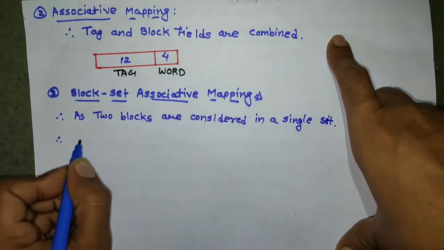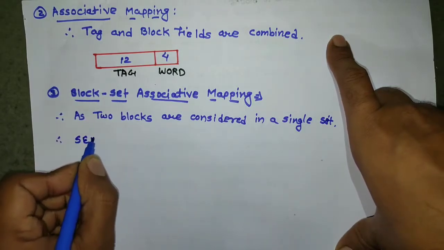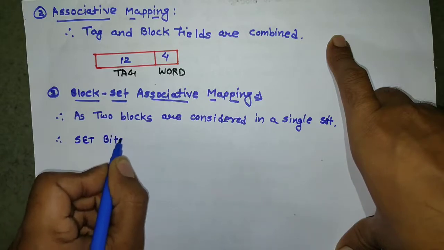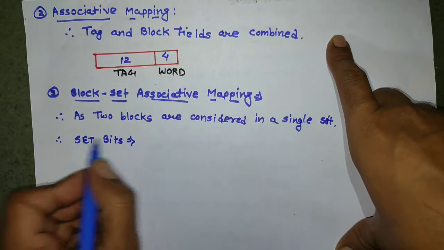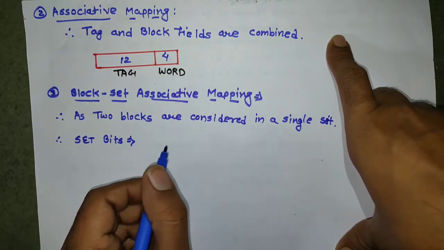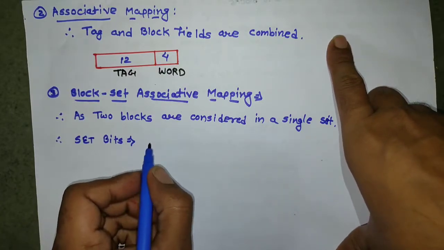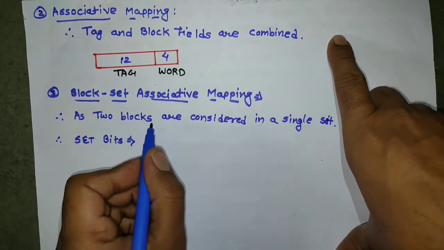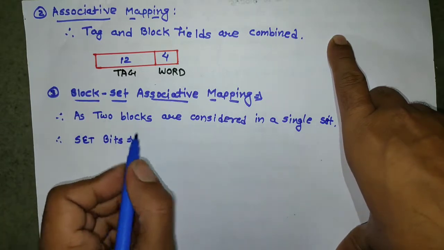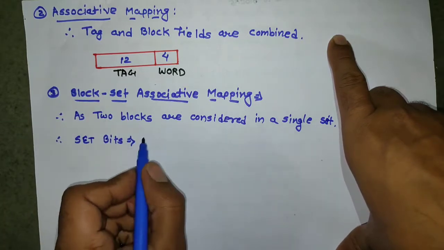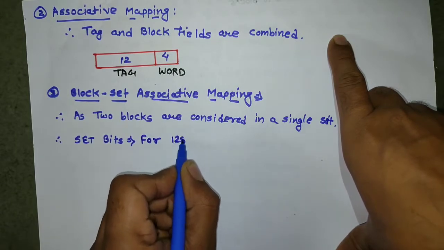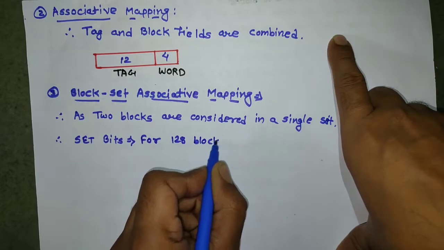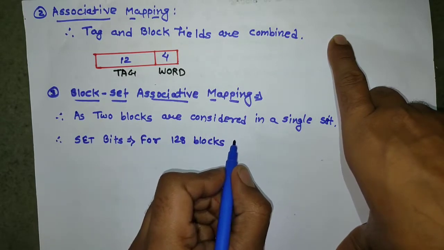Therefore, how will we calculate set bits here? Set bits will be calculated by considering the total number of sets. So how many sets will be formed? 2 blocks are in a single set, and there are 128 blocks in cache. So for 128 blocks in cache, how many sets will we get?